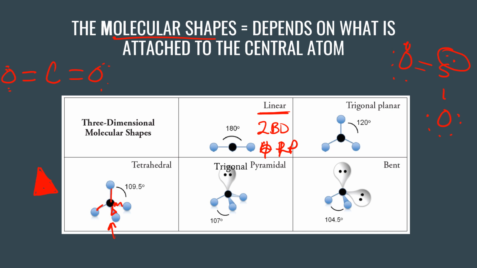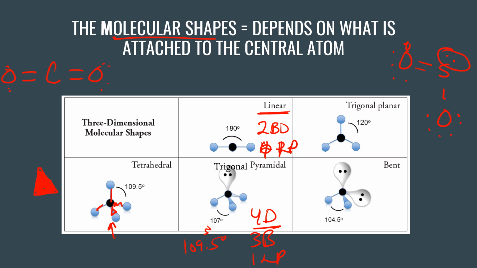Here, there is a total of four domains: three bonding domains and one lone pair. It still adds up to four. However, now the shape changes, and that is trigonal pyramidal. The bond angle is 107 degrees, or you can still say 109.5.